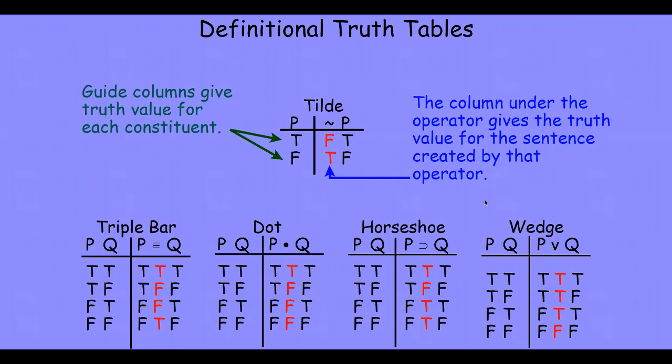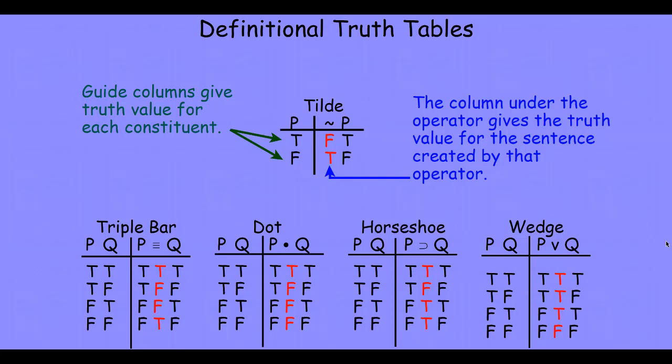Our horseshoe, our conditional statement, it's going to be true when the antecedent is true, true when the antecedent is false, and in fact the only way to make a conditional statement false is if the antecedent is true, the consequent is false. Finally, our wedge. Our wedge is inclusive or. It will be true if one or the other, or both of the simple statements are true. So the only way to make the wedge false is if they're both false.